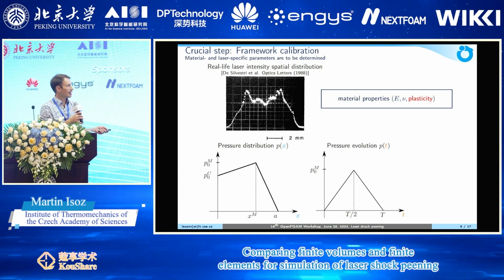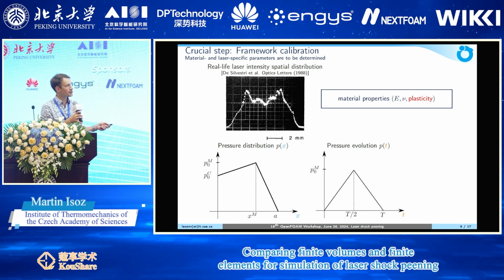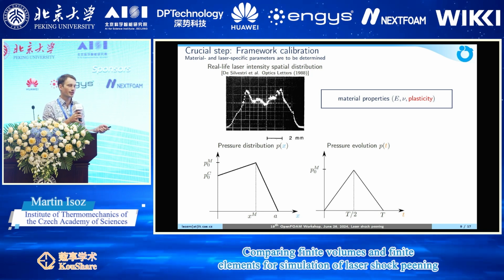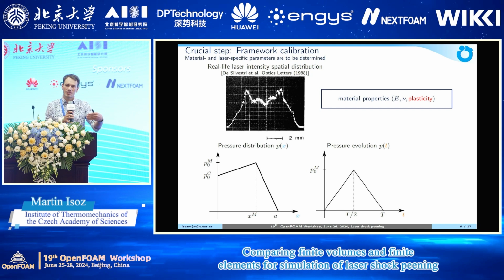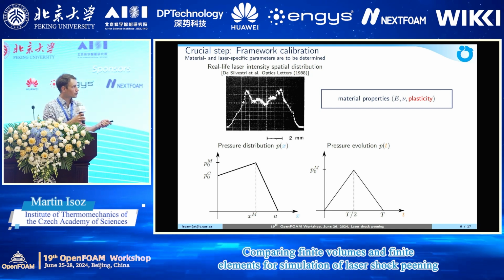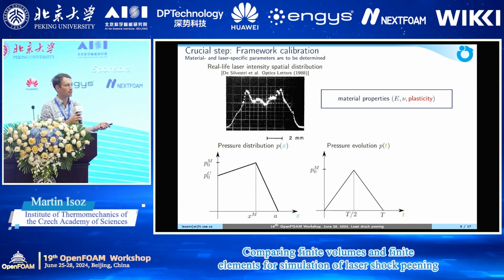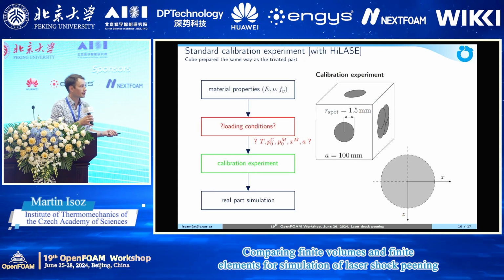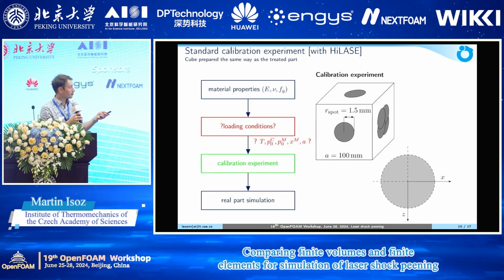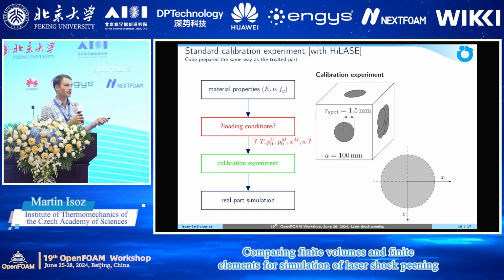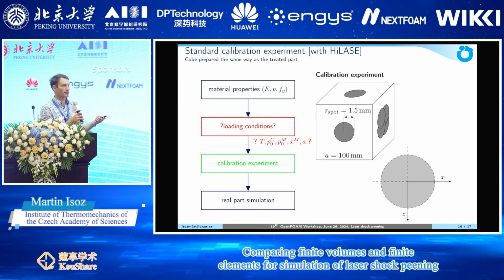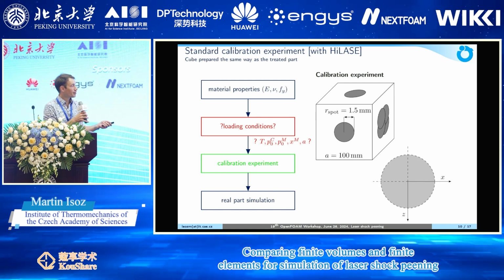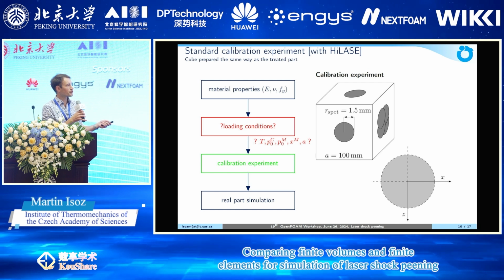There is one more thing: everything is pretty fast in the material, and we are interested in plasticization of the material, so we also need to calibrate our plasticity model. For this, in cooperation with another institute, we came up with calibration experiments where we use as much symmetry as we can.